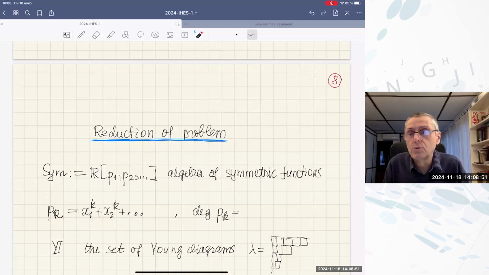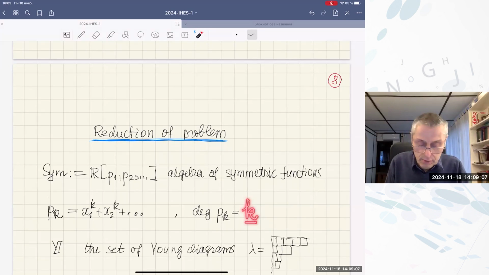They can be viewed as true functions if we assume that these coordinates decay sufficiently fast, but it's not important. And I'm sorry, I forgot to write the degree is equal to k. What does this mean? This means that this algebra is a graded algebra, and its grading is determined by postulating that this generator has degree k.